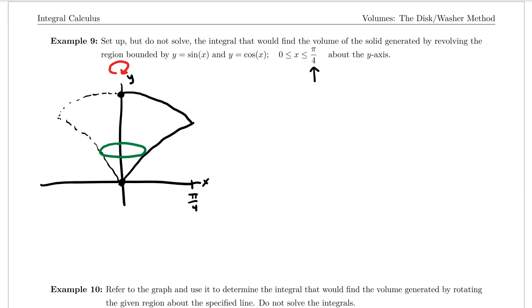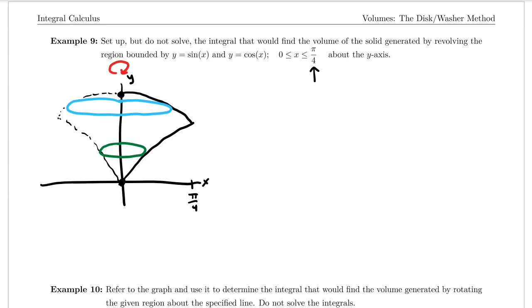The thing about this question, though, is that at some point my disk changes in terms of the radius, and that might look something different up here, and the radius of my disk is being dictated by a different curve. So with that in mind, in order to find the volume of this thing, we need to set up two separate integrals.